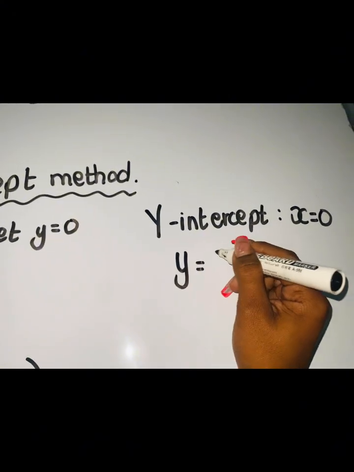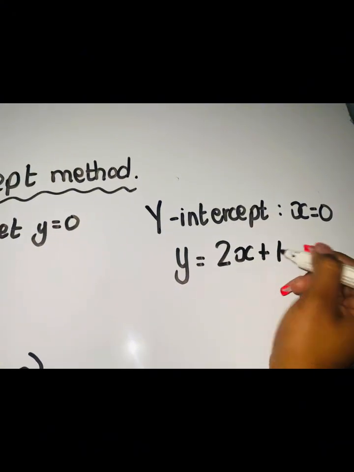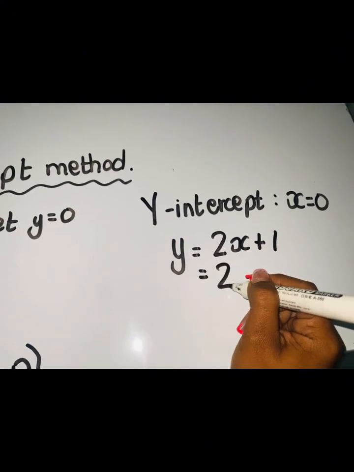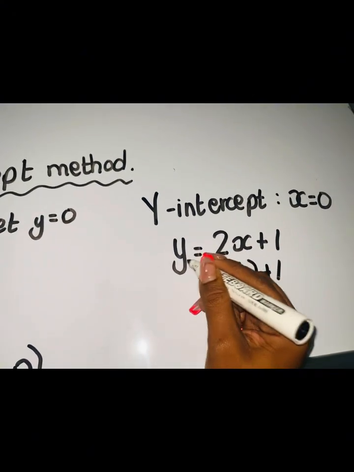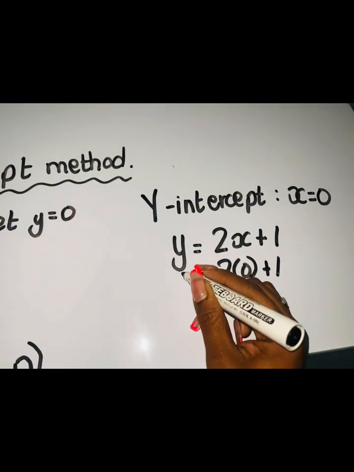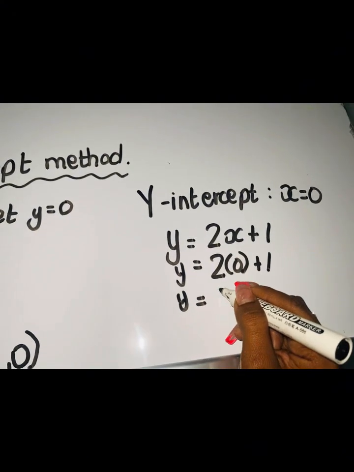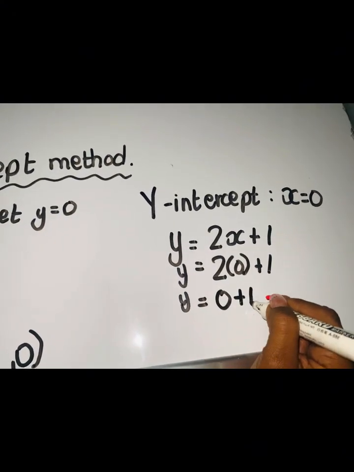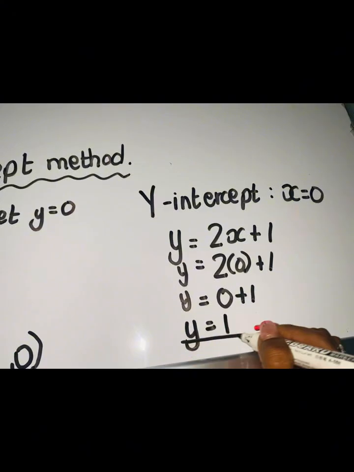So in the place of x, now the equation was like this. In the place of x, we're going to put 0 so that we can get our y. Now, if we multiply 0 with 2, we're going to get 0, plus 1. So y is equal to positive 1.